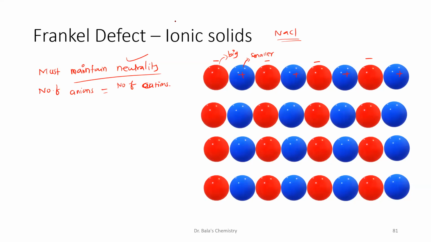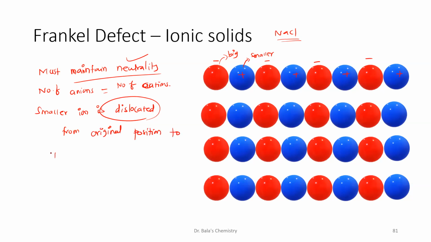And the Frenkel defect is nothing but the smaller ion is dislocated. You have to carefully listen to the word dislocated, from its original position to an interstitial site. Interstitial sites. Okay.